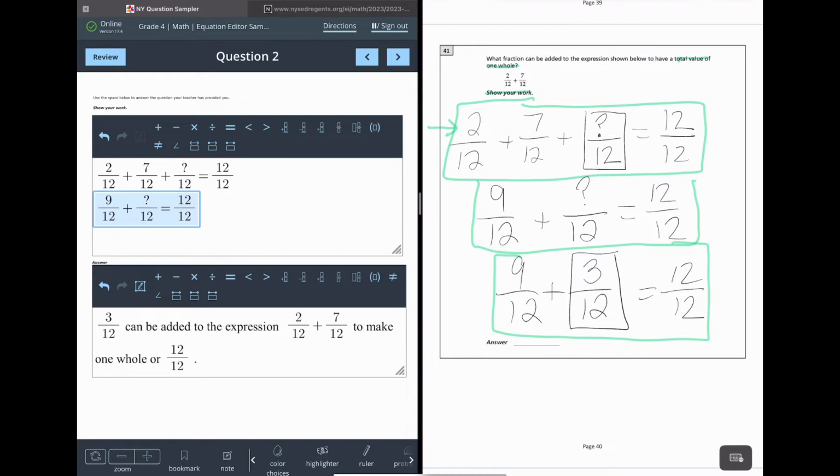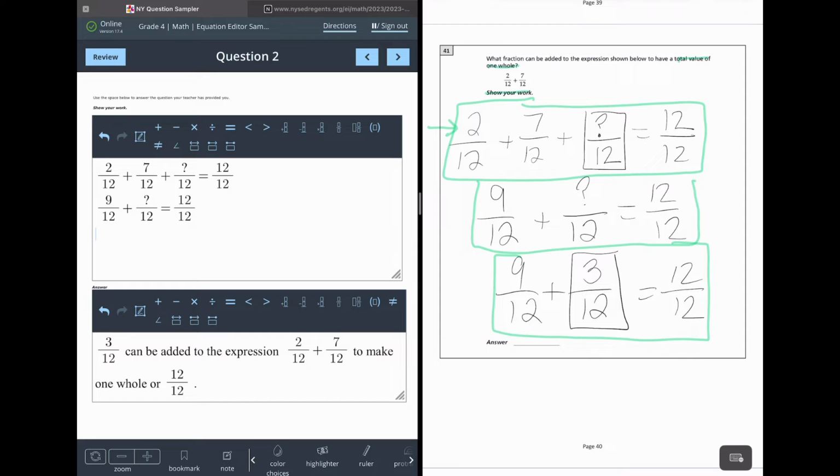Kind of not easy to tap. There we go. And then I'm going to put my last part. Tap in there. Question mark 12 is equal to 3 twelfths.